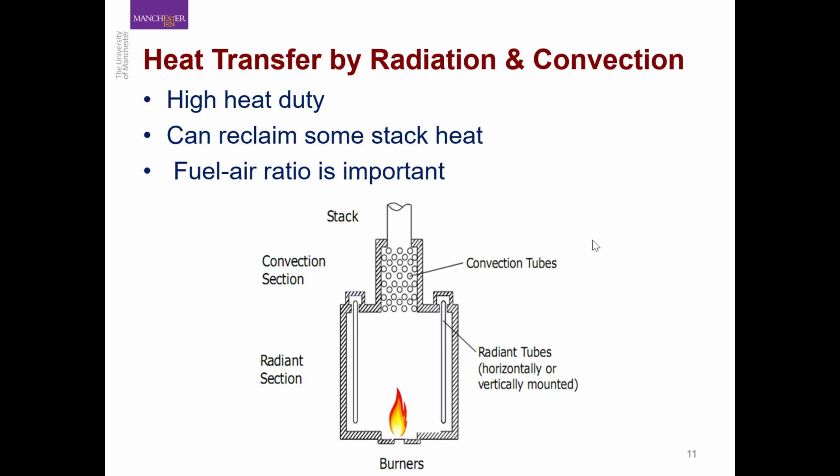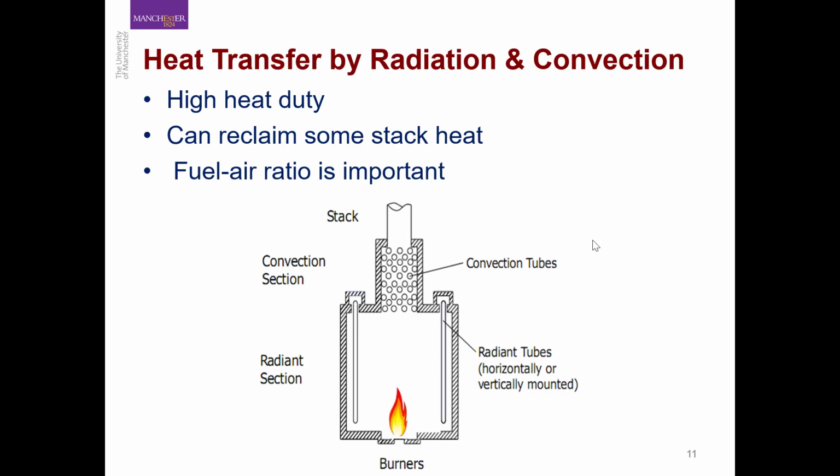So one of the biggest advantages of these direct fire heaters is that they give you very high heat duties to the process. And in terms of the limitations of these furnaces, because they are quite large in volume, you do require a lot of space for them.